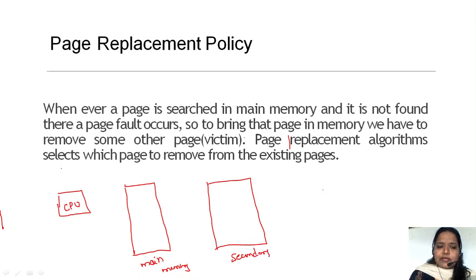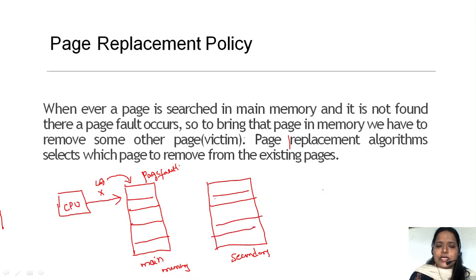Whenever the CPU asks for a particular page, suppose the CPU generates some logical address X. We search for X in the main memory. The CPU will check whether X is there in the main memory or not. Suppose X is not there in the main memory, then we say it is a page fault, as we have seen already.